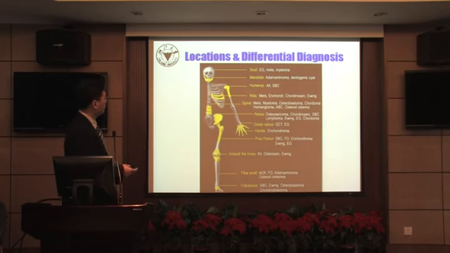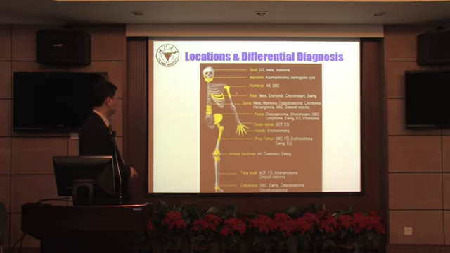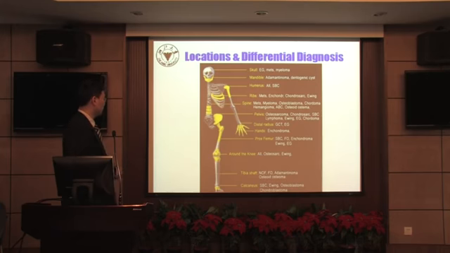Here is the picture for the location of different diagnoses, and the places in yellow here are the main positions that osteomyelitis involves. We also see a lot of tumors may occur in the skeletal system, like Ewing sarcoma, around the knee.